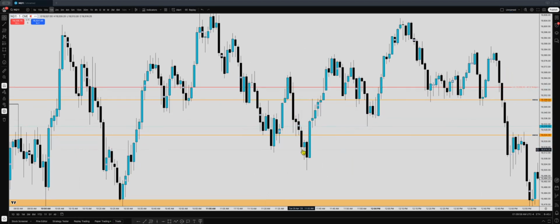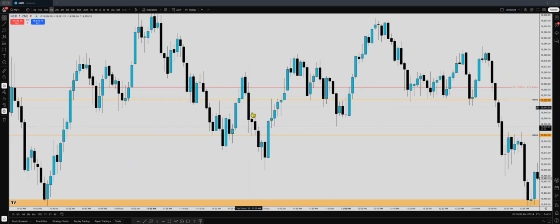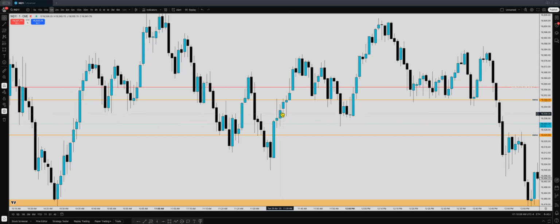It did occur here. There's a fair value gap right there. But ultimately, this ended up blowing right through. And I think I actually took this short here, and yeah, I did. I took a loss.